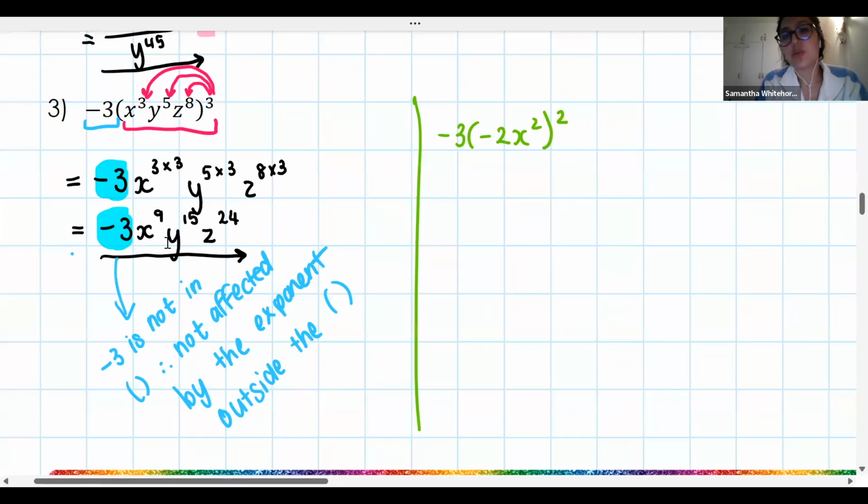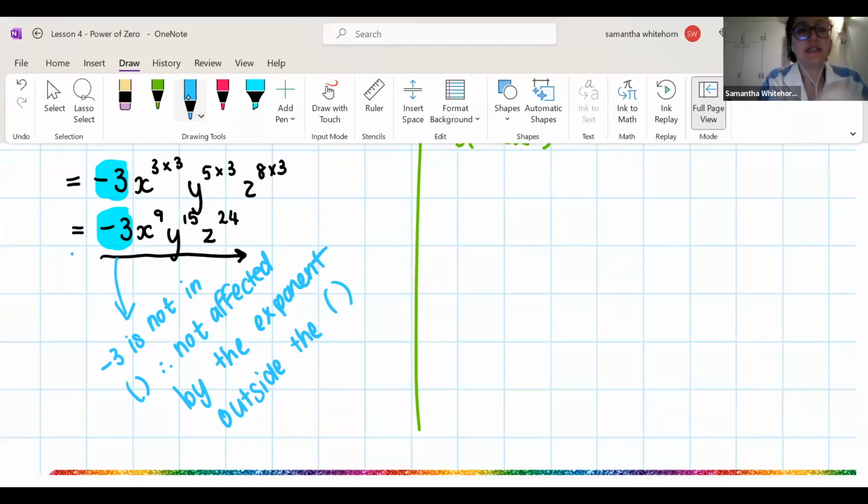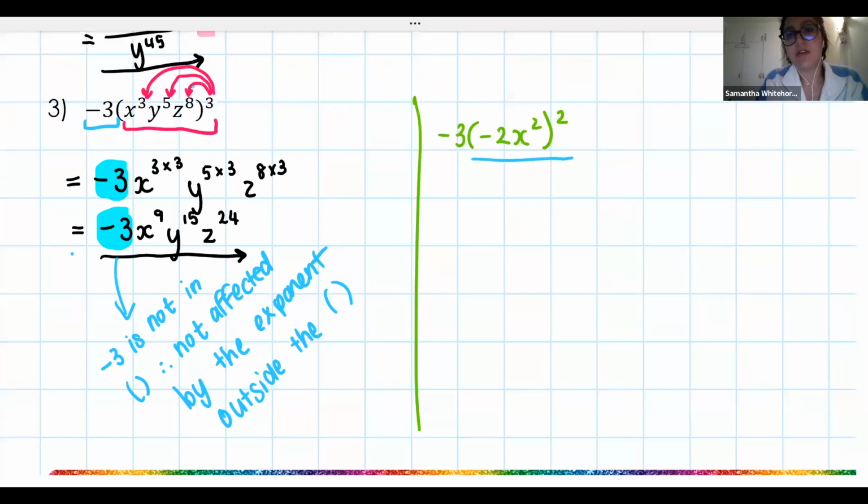Yes, ma'am. So what we need to remember is that this situation over here is telling me that I am multiplying the -2x² twice. Do you agree with that? Yes, ma'am, twice. Right, now, if I'm multiplying a negative by a negative, what do I end up with? A positive. Good, well done.